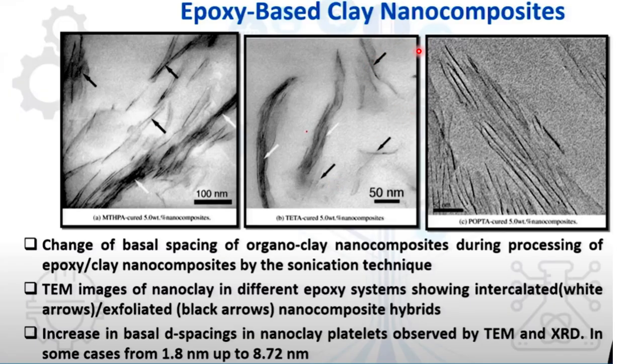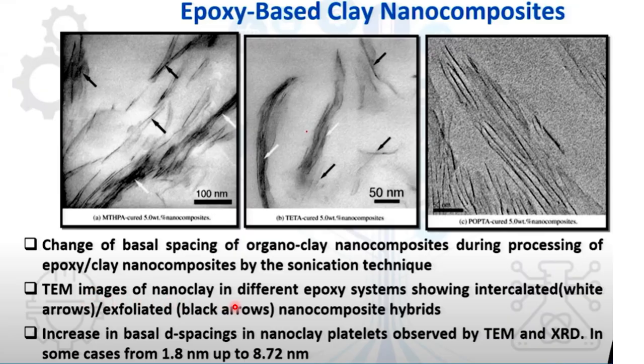Epoxy based clay nanocomposite. So you can go up to 50 nanometer. So that is the beauty of a TEM. That much magnification can be possible. And the change of the basal spacing of organoclay. So this is much more agglomerated than during the processing of epoxy resin and clay nanocomposite by the sonication technique.